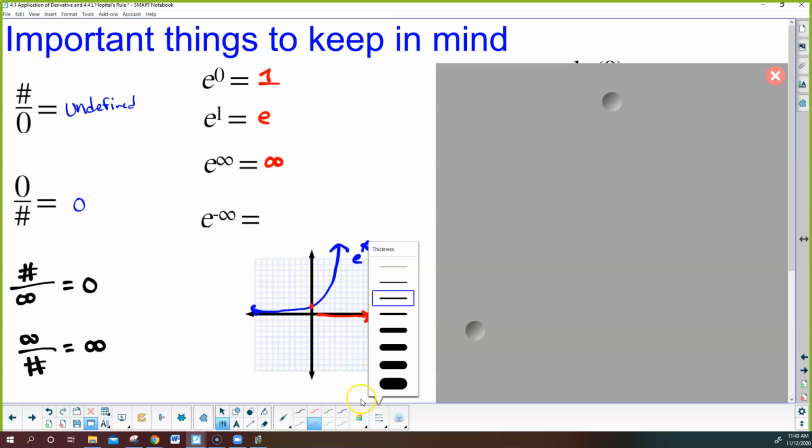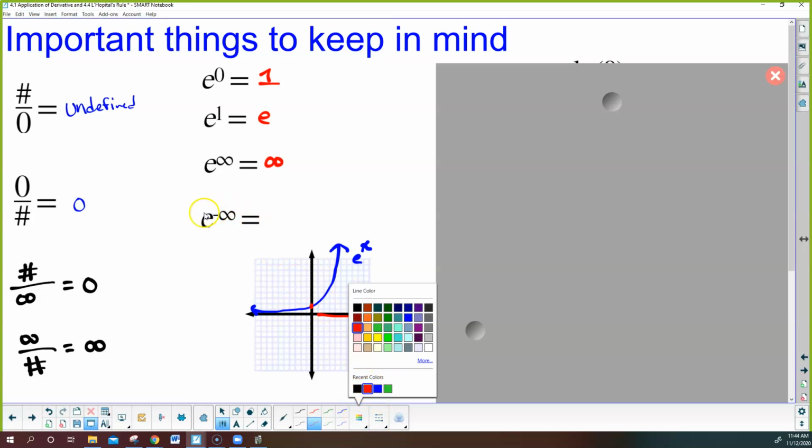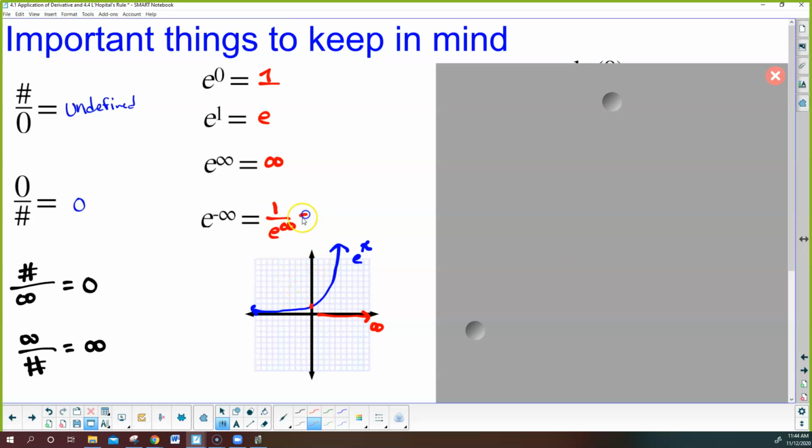But it's the next one that's important. There's 2 ways to think of this right here. We don't like that negative. So I'm going to flip this upside down and call it, because of the negative, e to the negative infinity, it's 1 over e to the infinity, which, wait a minute, isn't e to the infinity infinity?